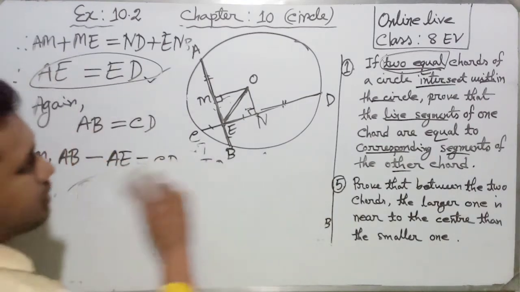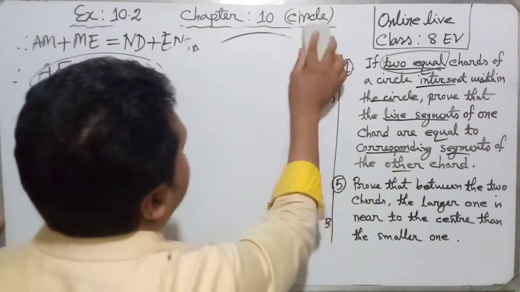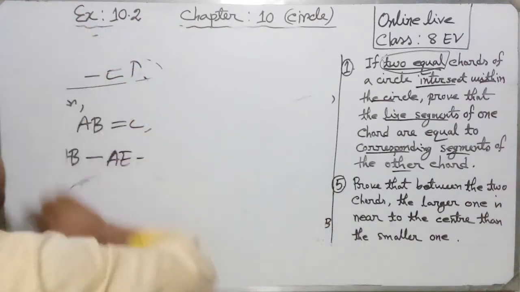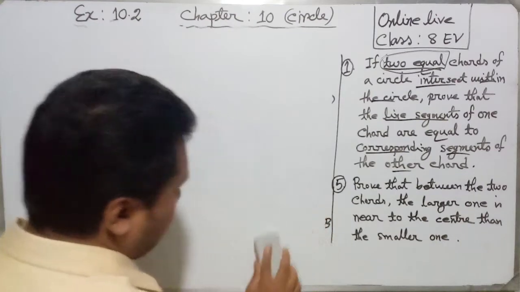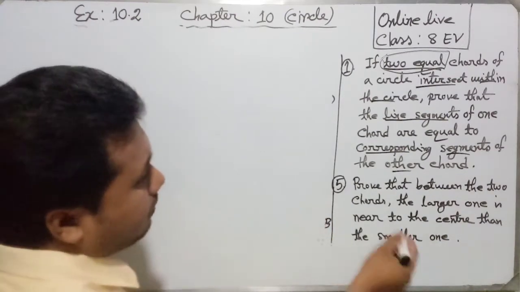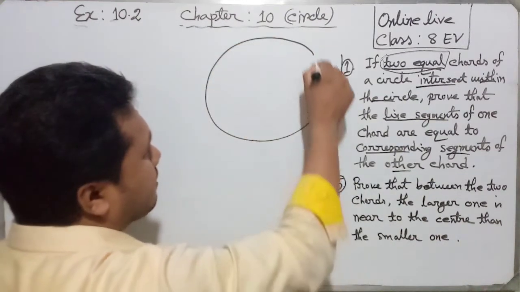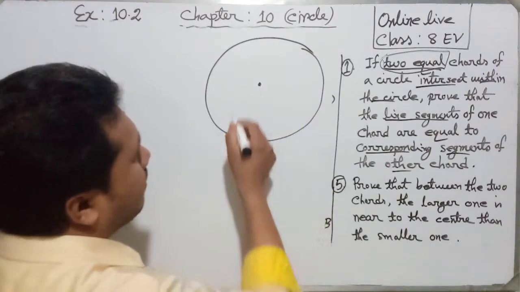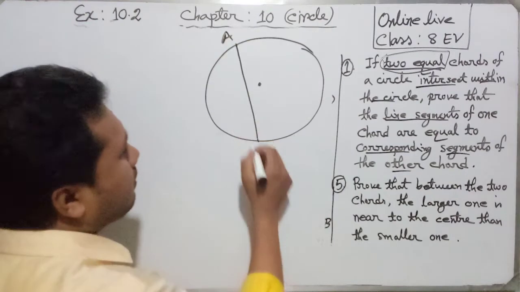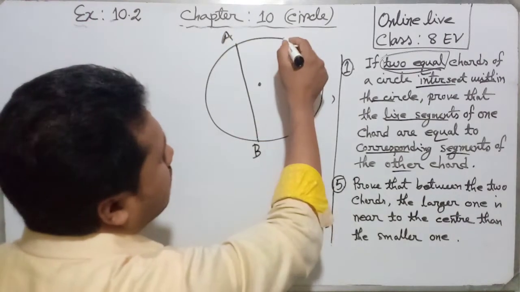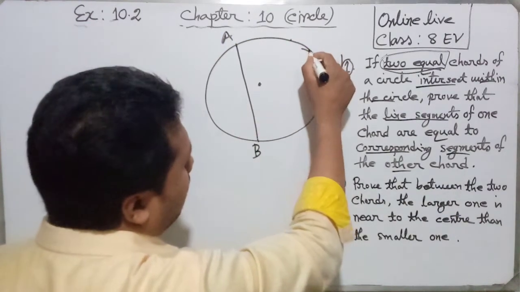Okay, now dear students, at first we can draw our figure. Suppose this is a circle. Suppose this is a chord AB, and suppose this is a chord CD.